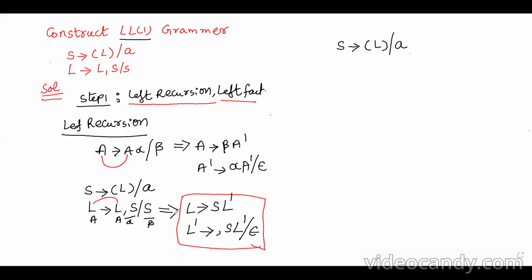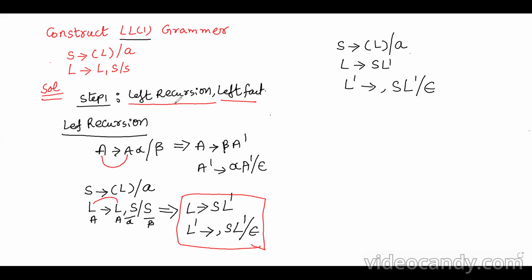After eliminating the left recursion, we received L tends to S L dash, and L dash tends to comma S L dash slash epsilon. This is the production we received after completing the elimination of left recursion.